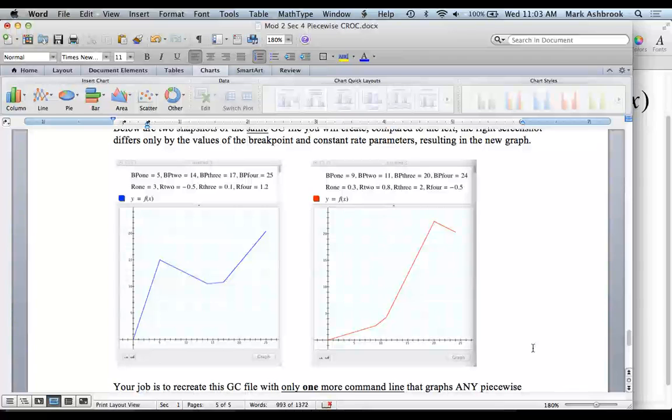This is just 2 examples of what it would look like if you changed the parameters for the breakpoints and the constant rates accordingly. So you're creating a file that can create any piecewise function starting at 0, according to how you define the breakpoints and the rates in the first 2 lines.